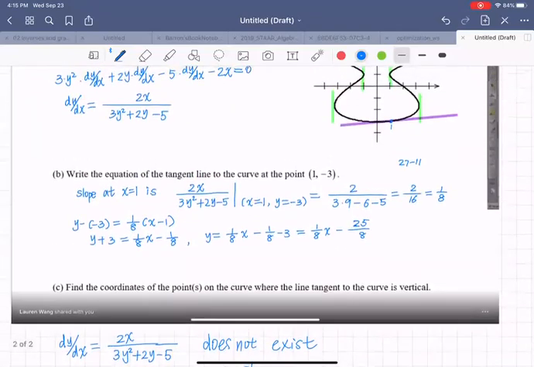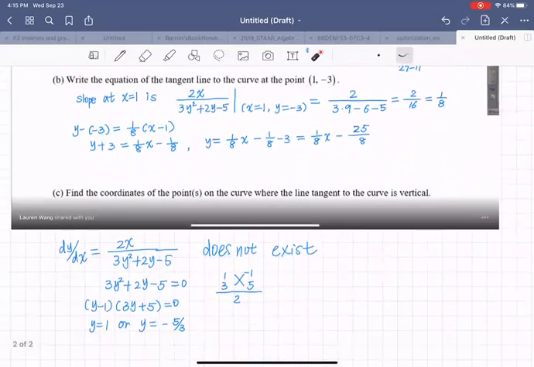So probably here y equals negative 5 over 3, and here y equals 1.